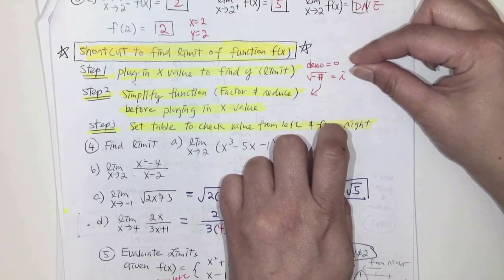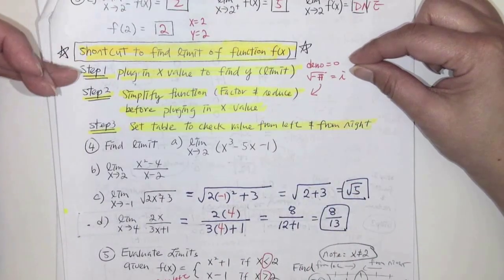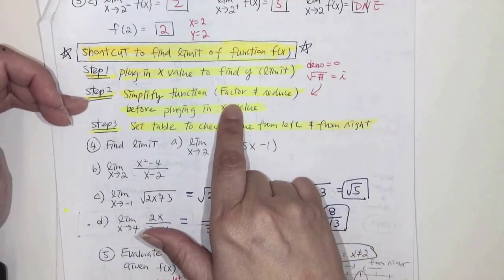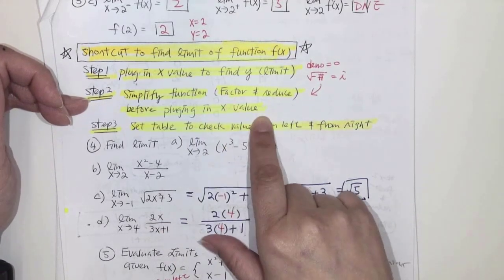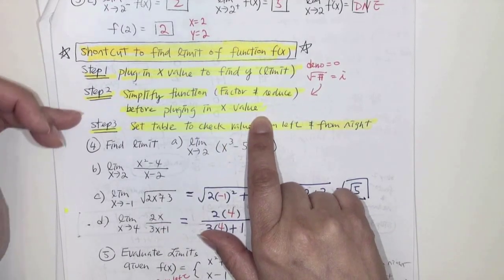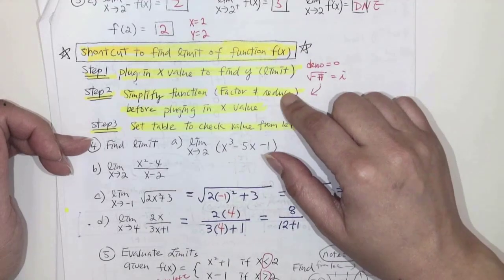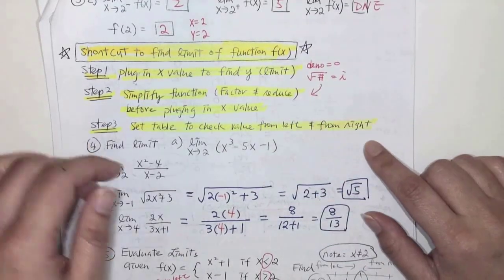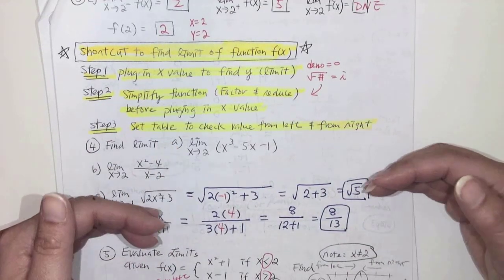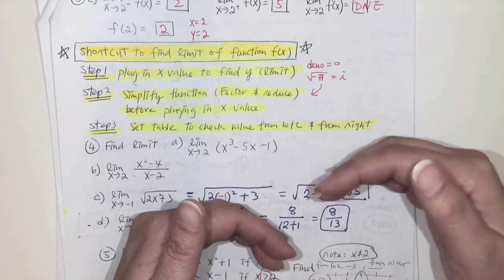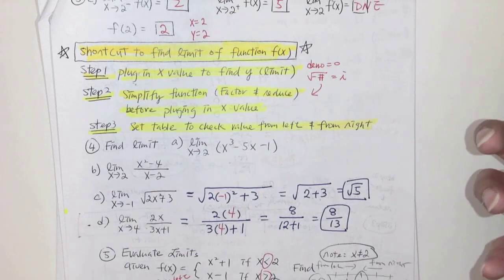Then in those two situations, you move on to the second step, which is to try to factor and reduce before you plug it in. Sometimes that will work, that will be quicker, but if both of these steps did not work, then you move on to the last step, which is setting up a table and seeing how x is approaching from the left and right to decide the limits.